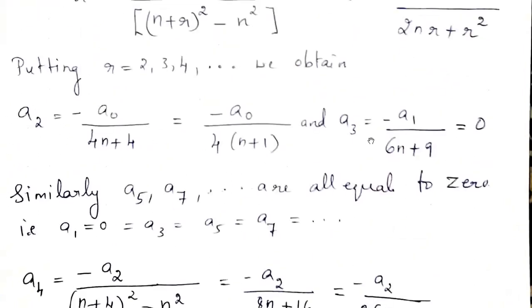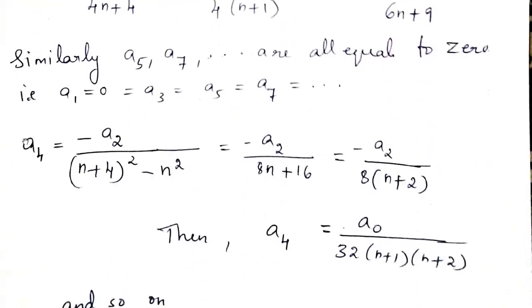So now we are done with a2 and a3. Let's check the value of a4. a4 is equal to minus a2 divided by (n plus 4) whole square minus n square. If you solve it, we get 8n plus 16. Taking 8 out, we get 8 into (n plus 2).